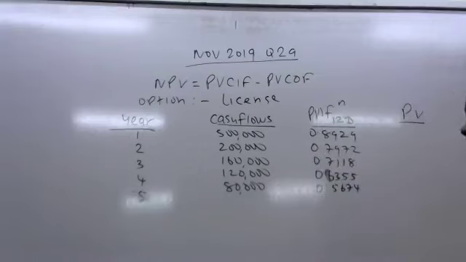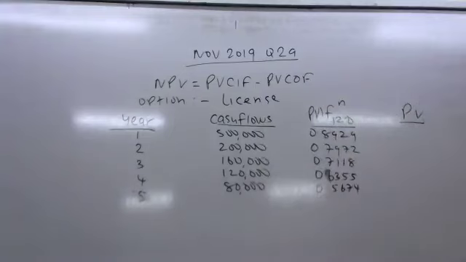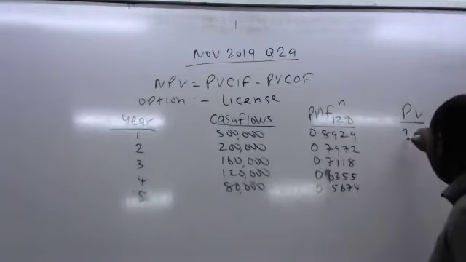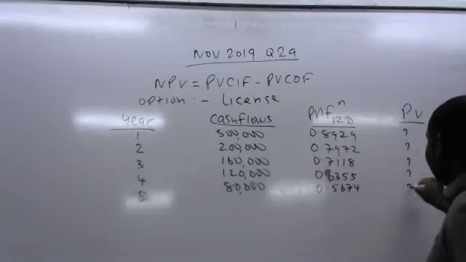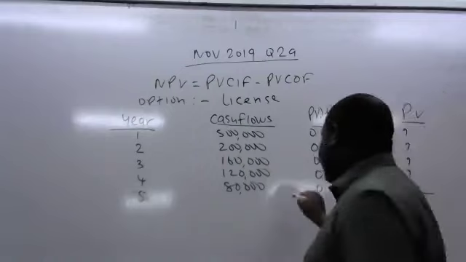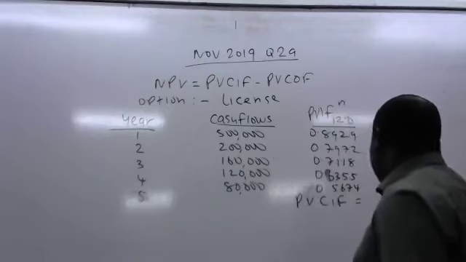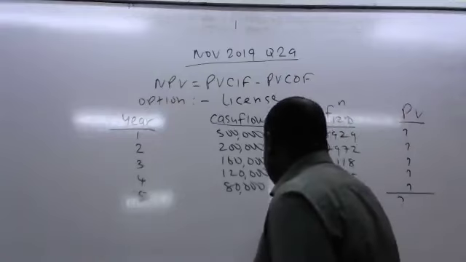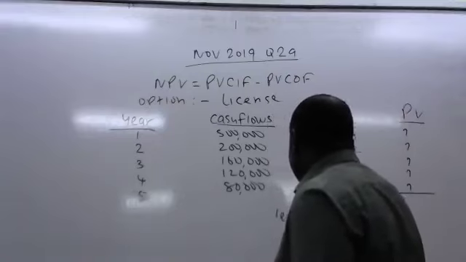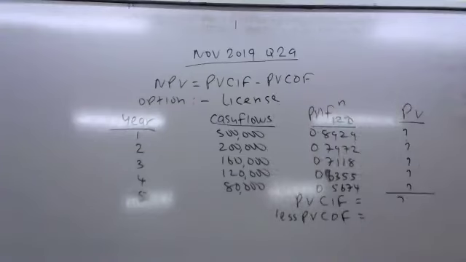So you multiply these figures by those values in the table, so that you get the present value for the cash inflows. Then we subtract the present value for the cash outflows.